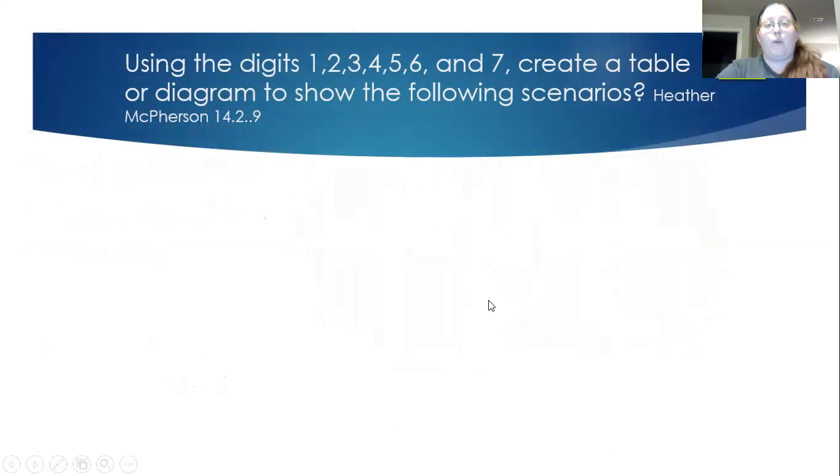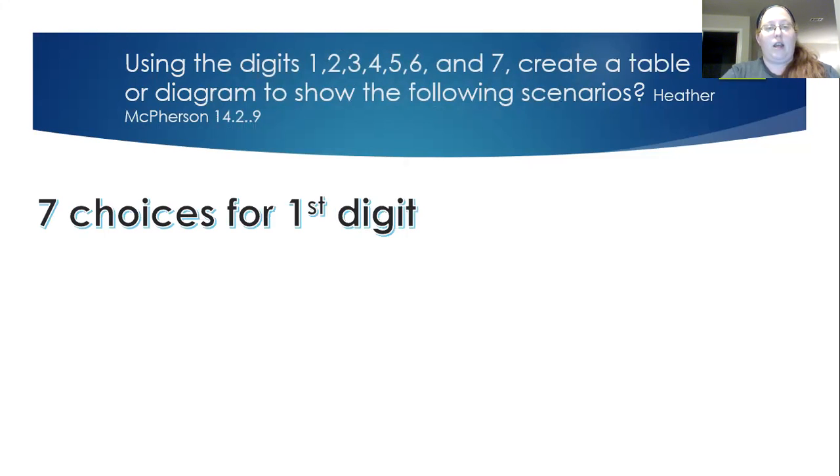Using the digits 1, 2, 3, 4, 5, 6, and 7, we want to create a table or diagram to show the following scenarios. We want to know, if repetition is not allowed, how many 3-digit numbers can be formed by using these digits?